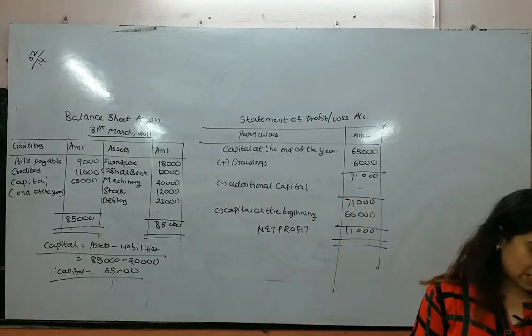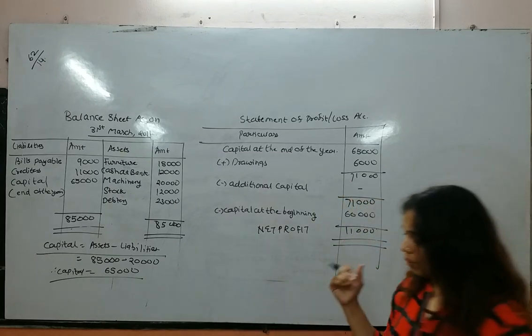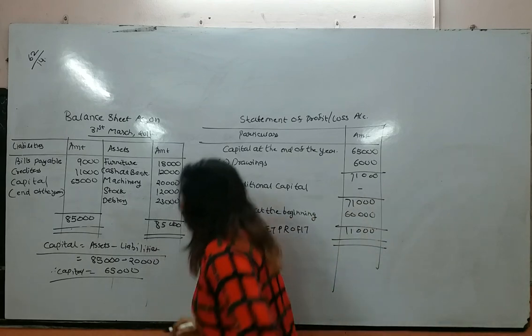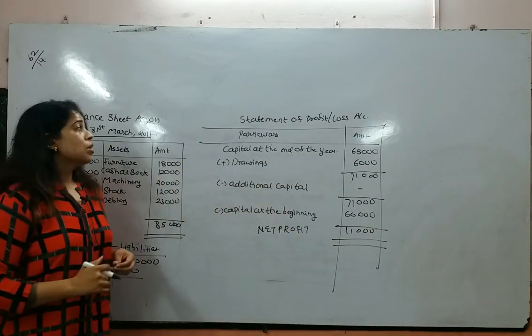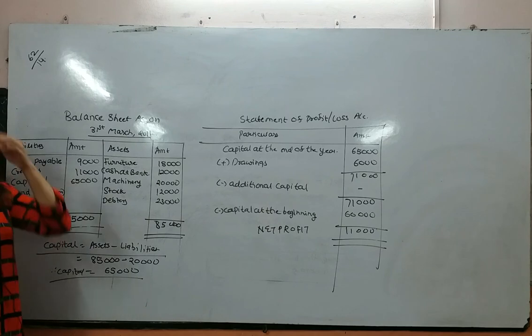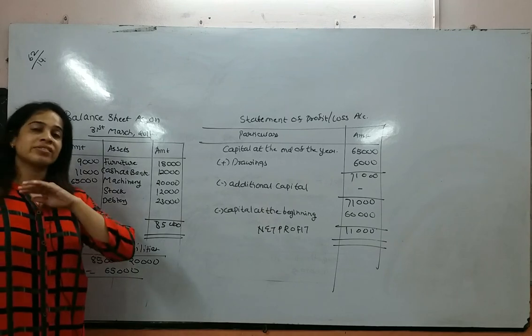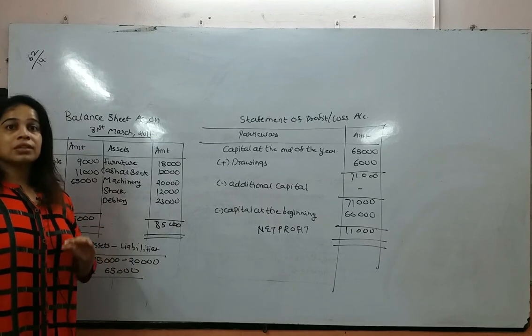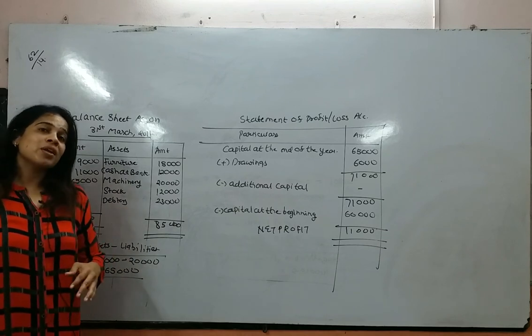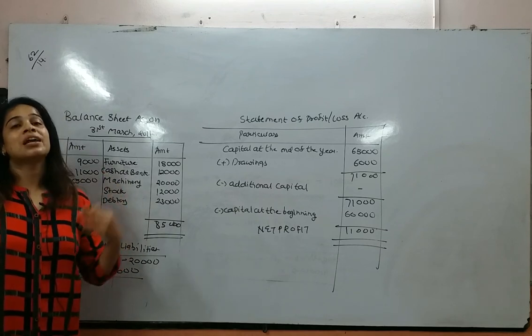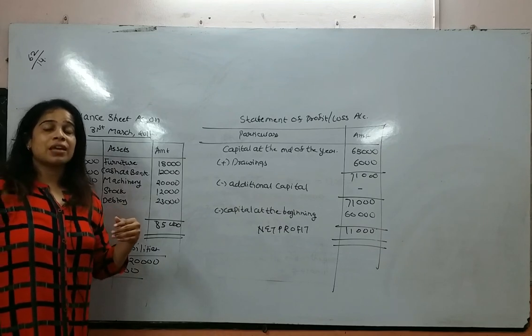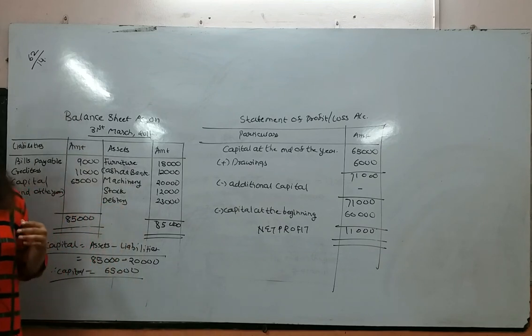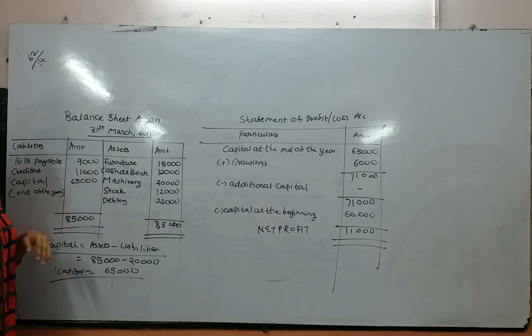Once again I would like to tell you, students, understand, in this sum what they have said is that we started business with rupees 60,000. Then they said that we don't know the capital at the end of the year. Instead of giving capital at the end of the year, they have given the position which was there on 31st March 2011.